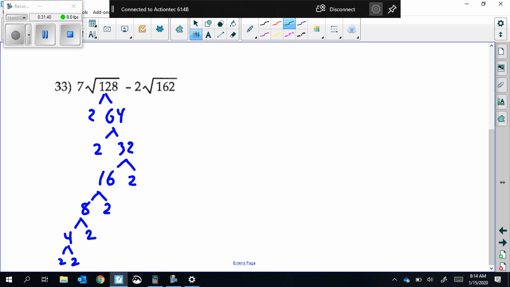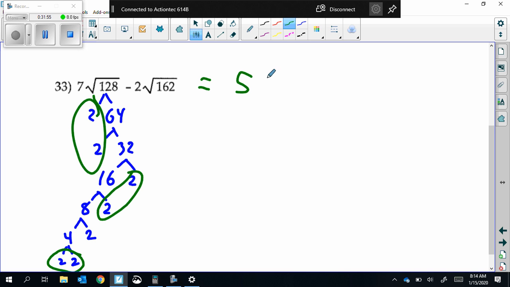We need them 2 at a time to come out. So 2 and a 2 comes out, 2 and a 2 comes out, 2 and a 2 comes out. We have 2 times 2 times 2 times 7. That is 56. Leftover 2, that goes back in.